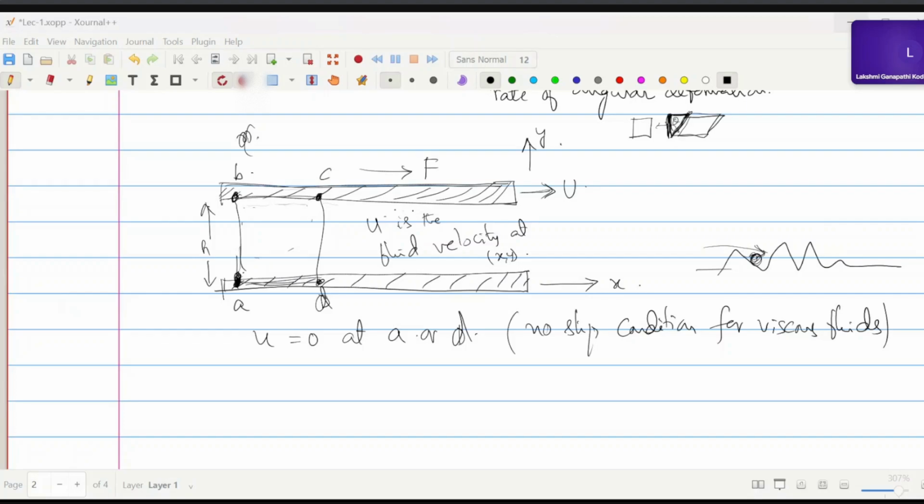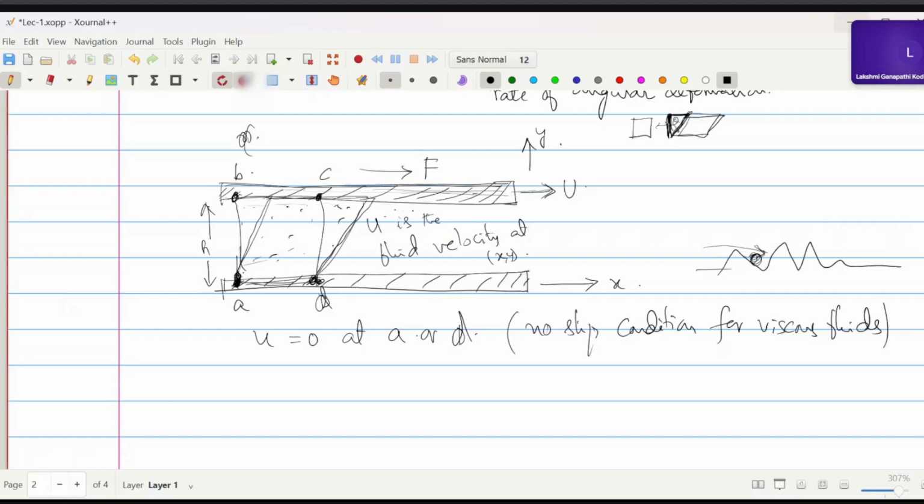Basically, it's not sticking. If you see it like that, the ABCD element goes with the speed u. You applied the force and you allow this upper plate to move at the speed u, and this deforms. It starts moving, so this piece will become like this. Why is it like this? Because this is now your fluid.